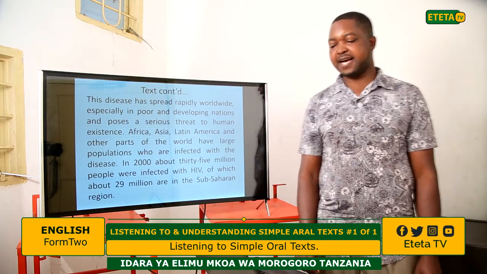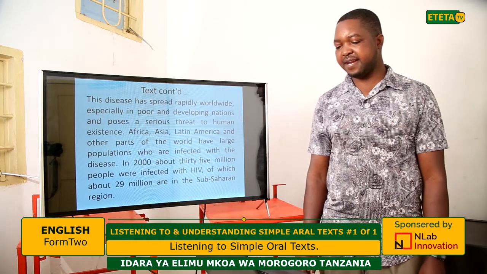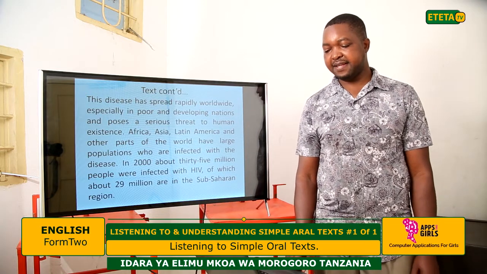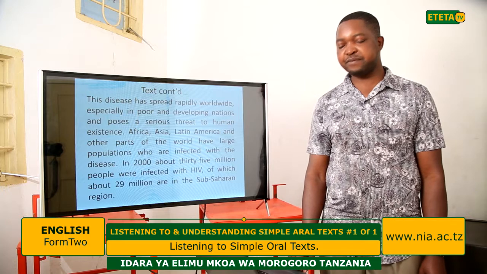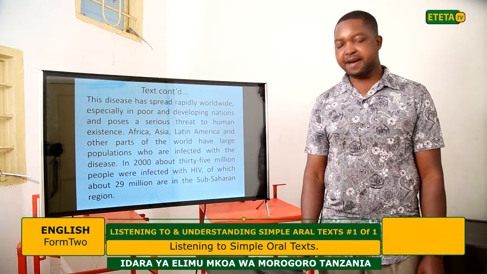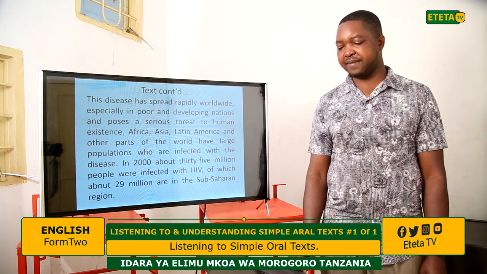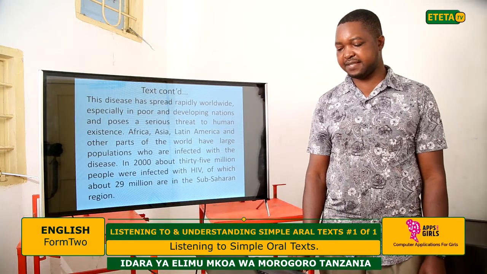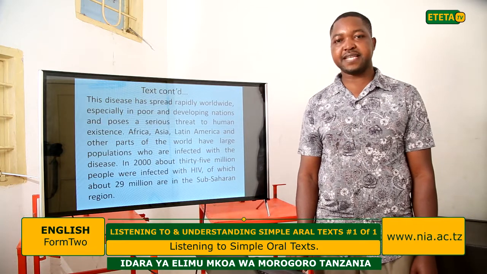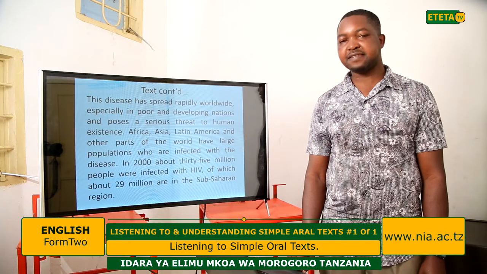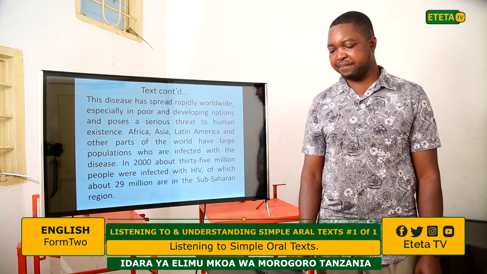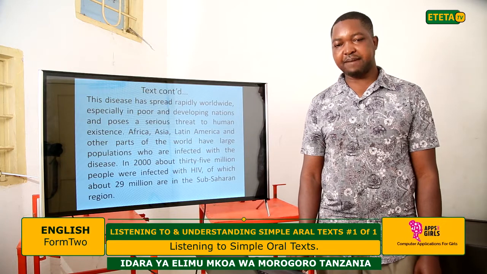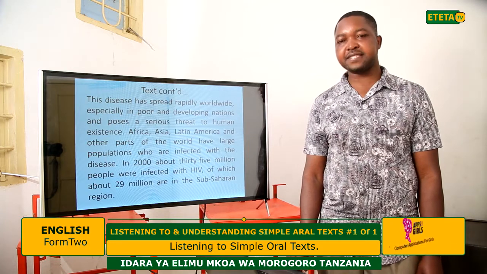This disease has spread rapidly worldwide, especially in poor and developing nations, and poses a serious threat to human existence. Africa, Asia, Latin America, and other parts of the world have large populations who are infected with the disease. In 2000, about 35 million people were infected with HIV, of which about 29 million are in the sub-Saharan region.